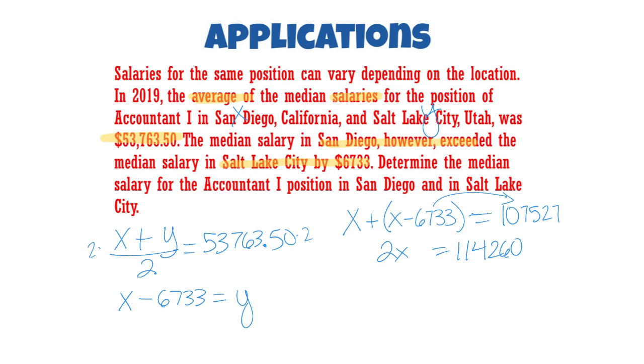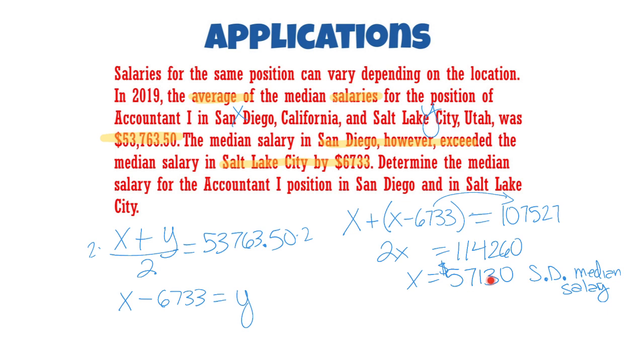Divide by 2. And what I have here is the X. And remember that X is the San Diego salary. So I'm going to put a dollar sign on that, and I'm going to abbreviate San Diego median salary. Oops, missed my R. Okay, then all I have to do is grab, remember substitution is great for that last part of substituting in because this is already isolated.